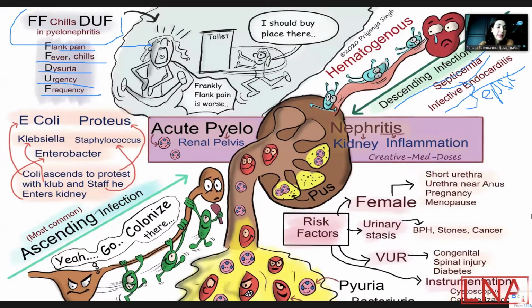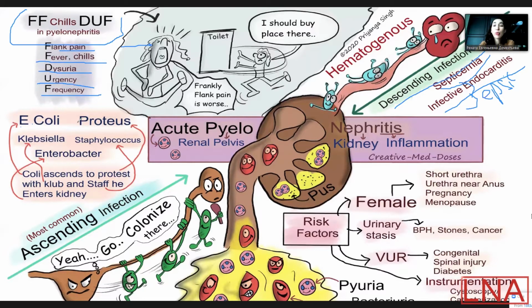And ascending infection is associated with Escherichia coli due to host factors which we discussed with you: a shorter, wider urethra in women, and the postmenopausal woman, with decreasing level of estrogen, which supports the wall of the urogenital tract and maintains normal urodynamics.